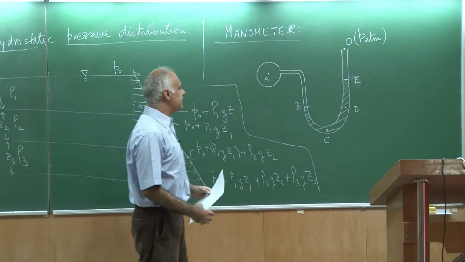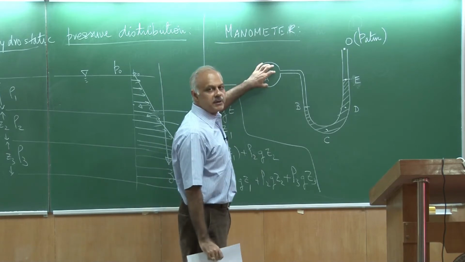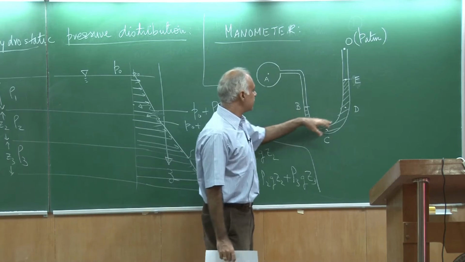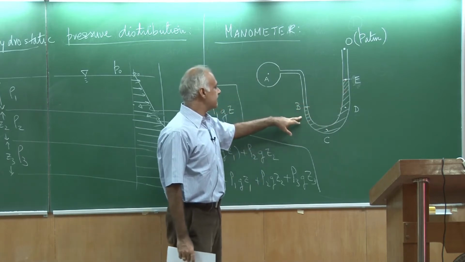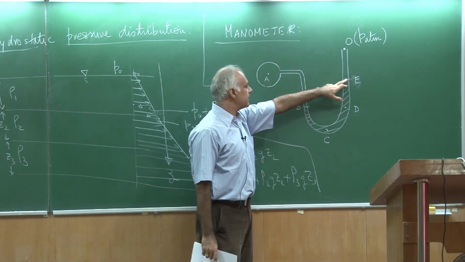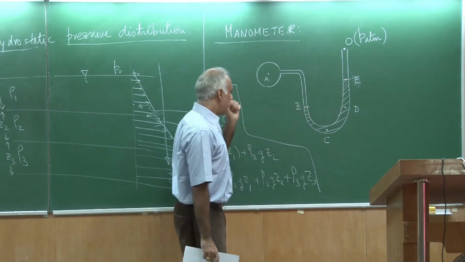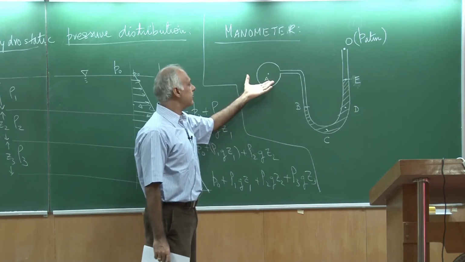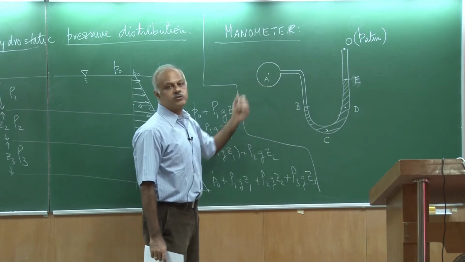The setup is that there is a certain pressure inside this bulb, and that causes this fluid to take this kind of position where this column E is at a higher level than B, and we are interested in finding out the relationship of pressure at A to the atmospheric pressure.